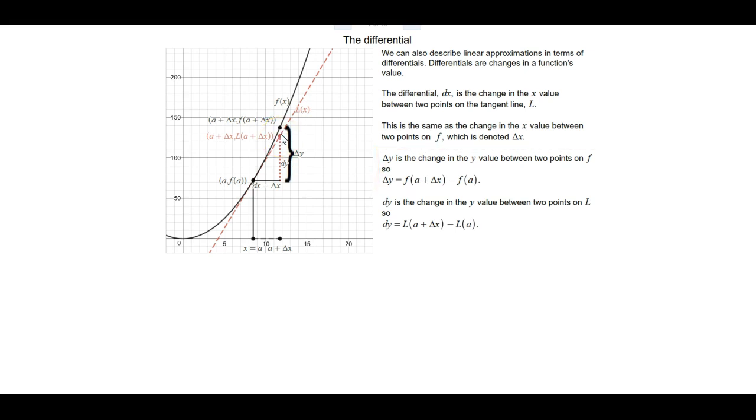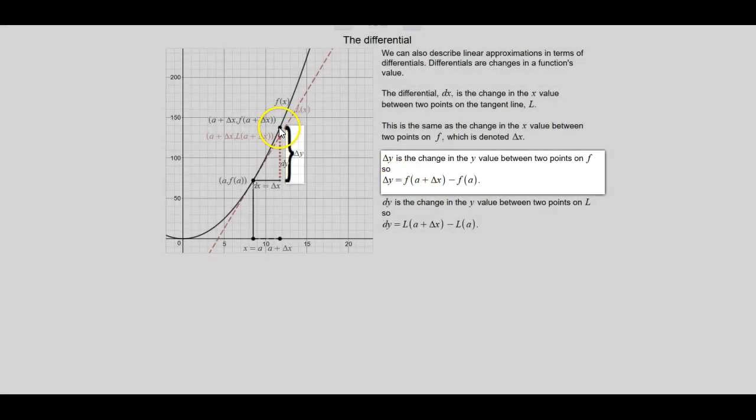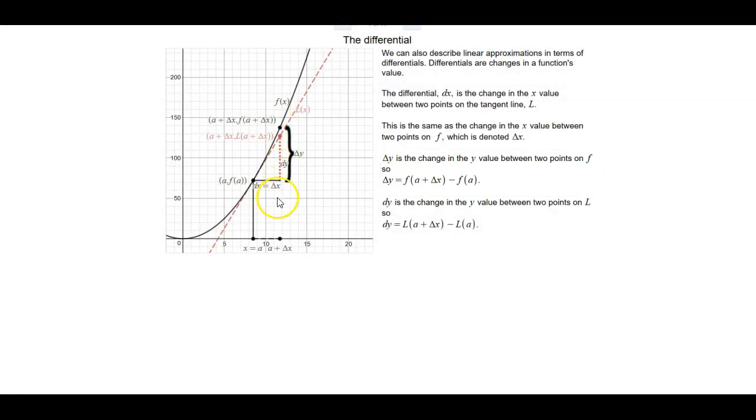And the tangent line is giving us an approximation to this one. So the actual change in y along the real function that we're given is delta y. So the change in y is just f of a plus delta x minus f of a.